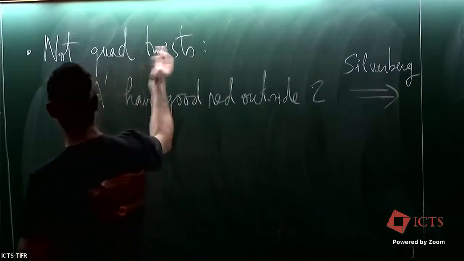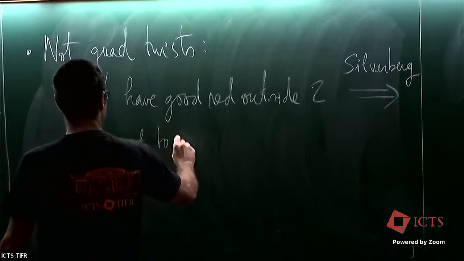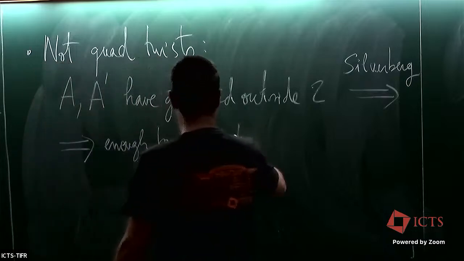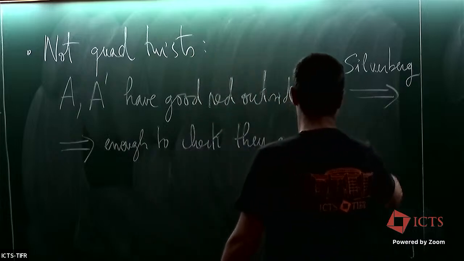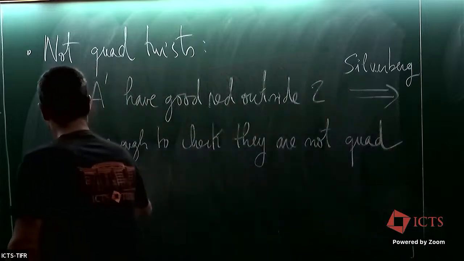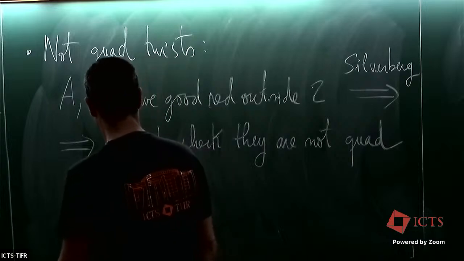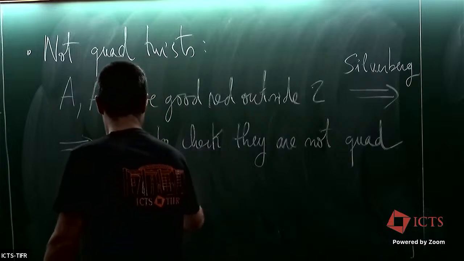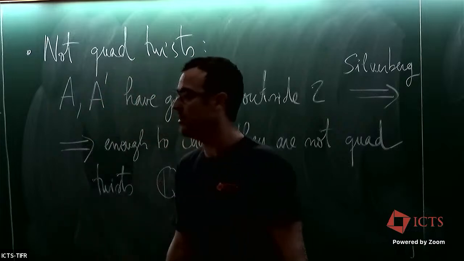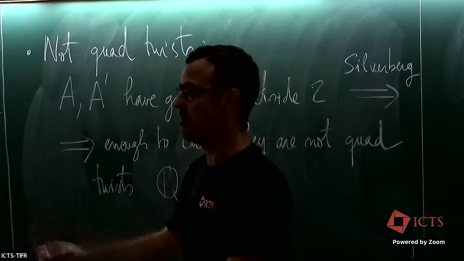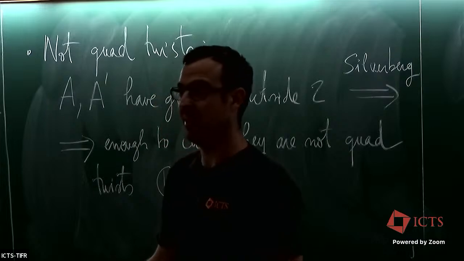So this means that to rule out that they are quadratic twists, it is enough to check that they are not quadratic twists over the quadratic fields that are unramified outside 2. So they're not quadratic twists over Q(beta_1), Q(beta_2), Q(beta_3), and this you can do by looking at characteristic polynomials of Frobenius.